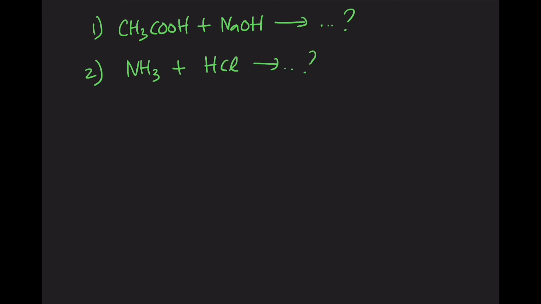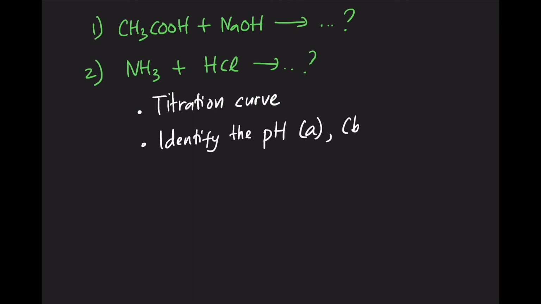For this case, you have to write down or try to plot the titration curve, and then identify the pH at A, which is before the equivalent point, at B, which is at the equivalent point, and at C, which is after the equivalent point. We will discuss the solution in class.